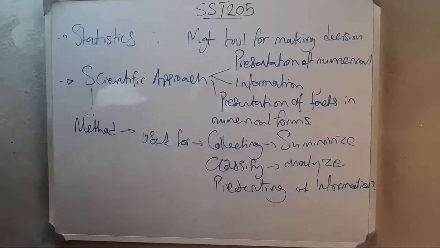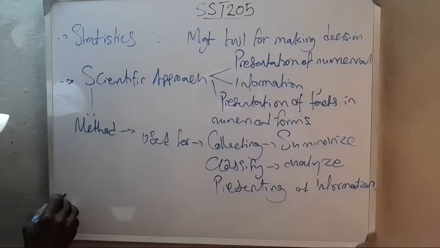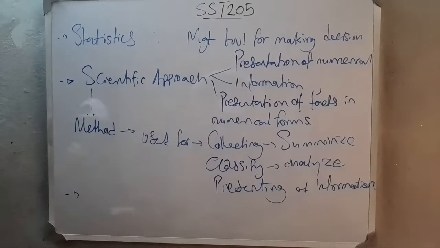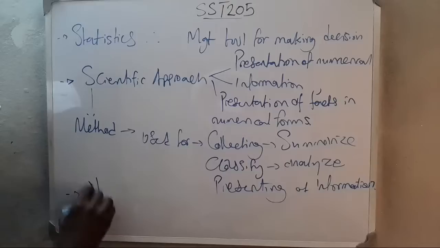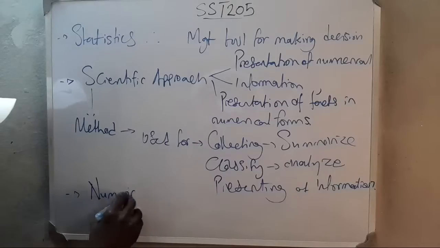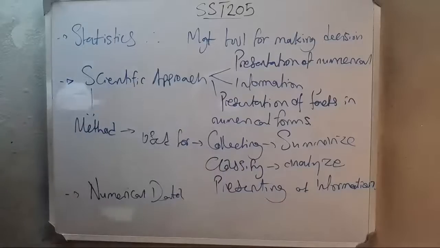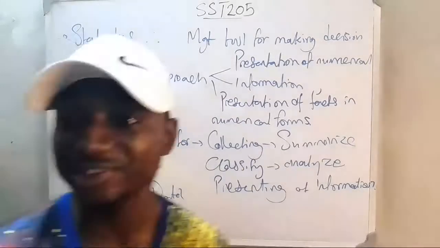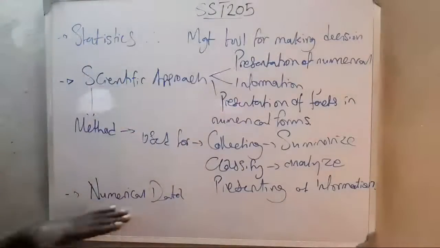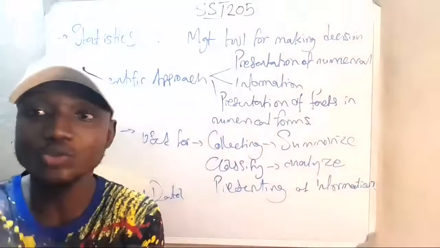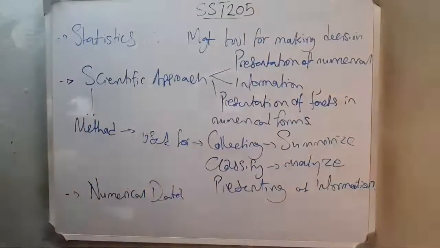Statistics is more of what we call numerical, concerned with numerical data. We talked about financial accounting. That was more of posting and information. But when we talk about statistics, we are talking more about numerical data.